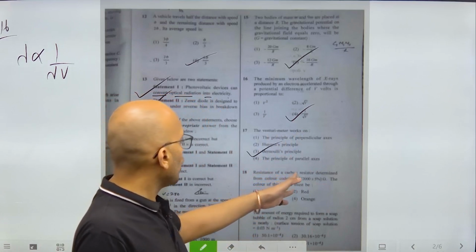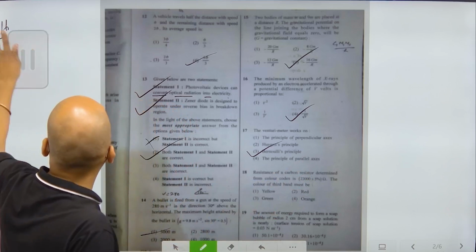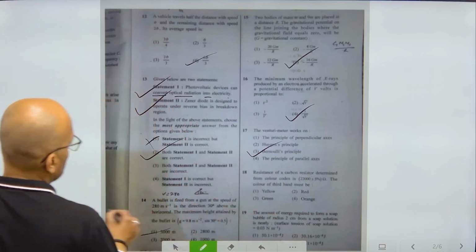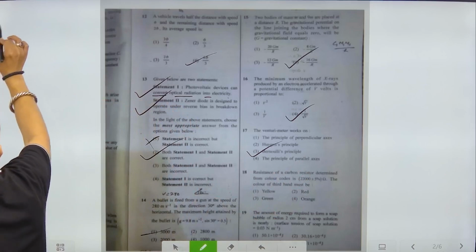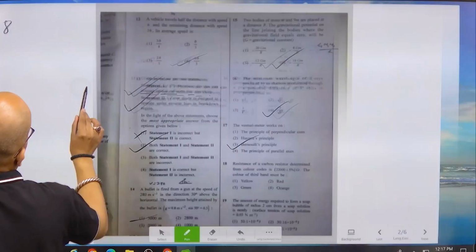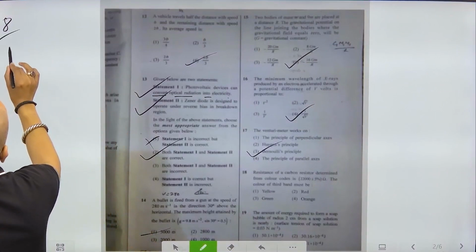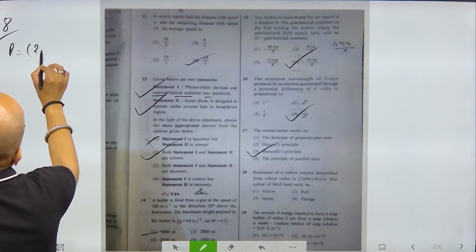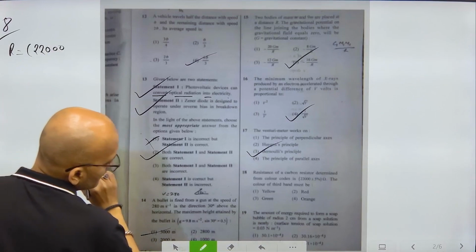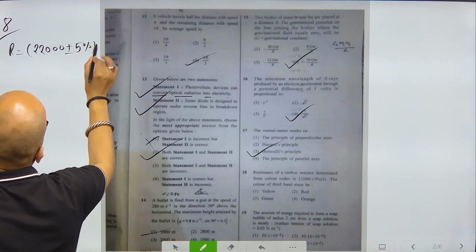Okay. Now it is saying that resistance of a carbon resistor, they have not given it in the conventional form, they have just modified it a bit, but no problem, we will convert it into conventional form. So they have given it as resistance 22,000 plus minus 5% ohm.